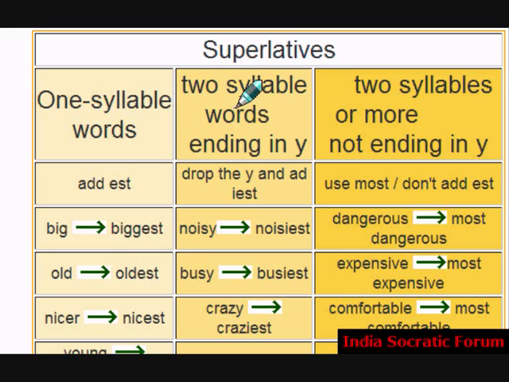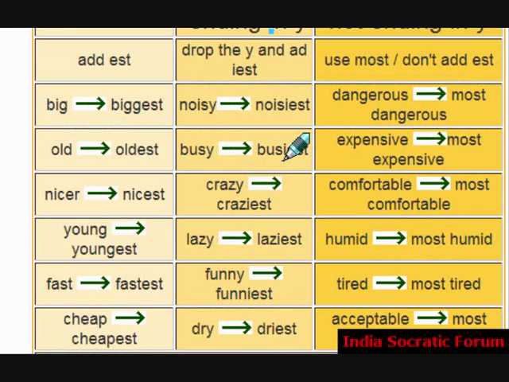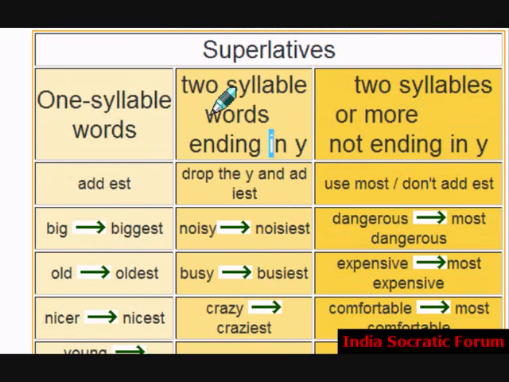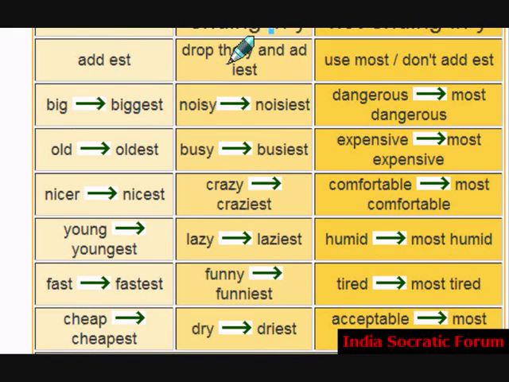Okay, let's take another example for the type two syllable words that are ending in Y. What we have to do when we find two syllable words ending in Y, we have to drop the Y and add IEST. In the previous case, we added IER. Okay, IEST is what we need to add for superlative forms. Noisy.